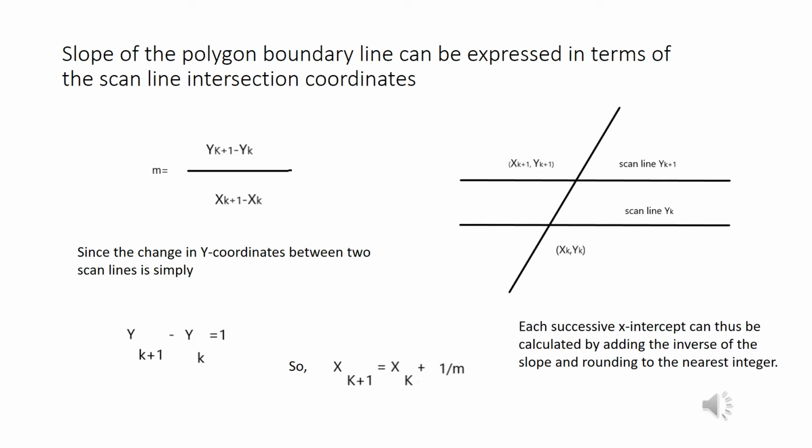Since the difference in y between two scan lines is simply 1, that means yk plus 1 minus yk equals 1, so xk plus 1 equals xk plus 1 by m. Each successive x-intercept can thus be calculated by adding the inverse of the slope and rounding to the nearest integer.